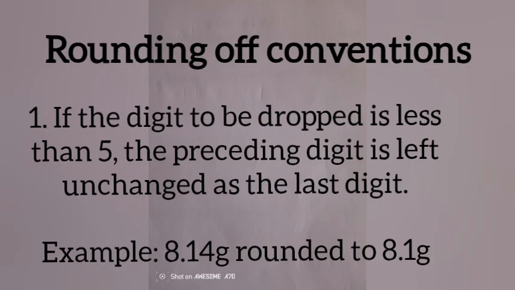So we can round it off to 8.1 grams. Because the digit to be dropped here is 4, which is less than 5, and the preceding digit is 1. For the fact that the digit to be dropped is less than 5, you drop it and the preceding digit is left unchanged. Hence, we have the correct answer to be 8.1 grams.